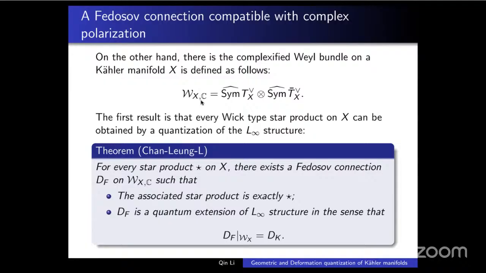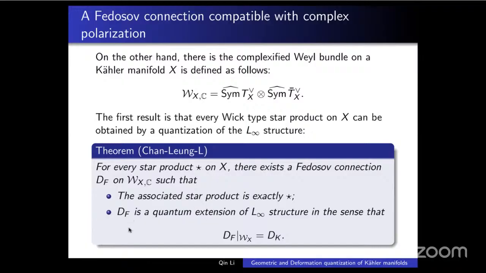In a joint work with Conor Liang and Kuo Chen, we proved the following theorem. For every star product on X, there exists a Fedosov connection on this complexified Weil bundle, such that the associated star product is exactly the given star product.